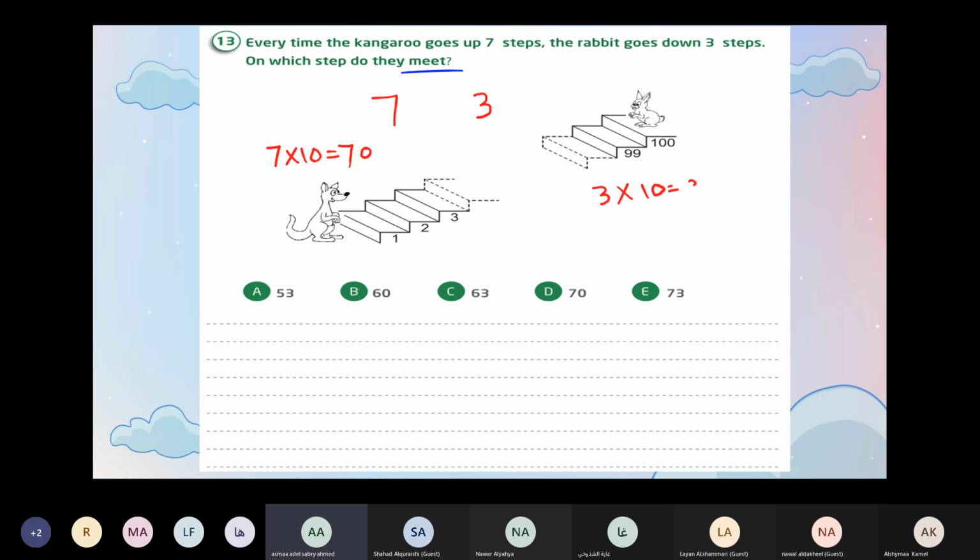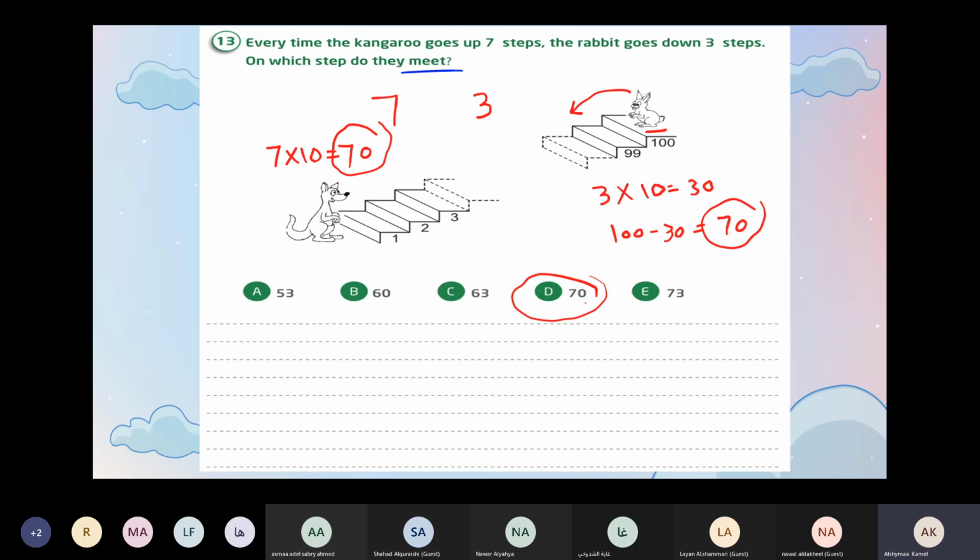The rabbit goes down, so I will subtract from 100, like counting back. 100 minus 30 equals 70. They will meet on step number 70. So the answer is D.